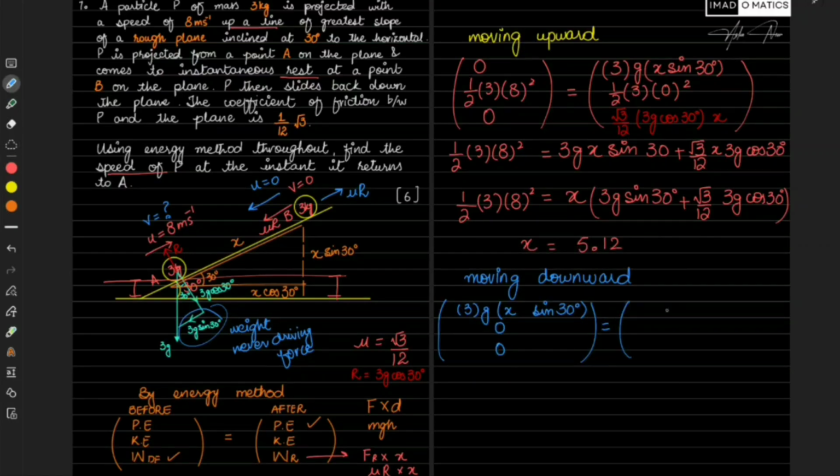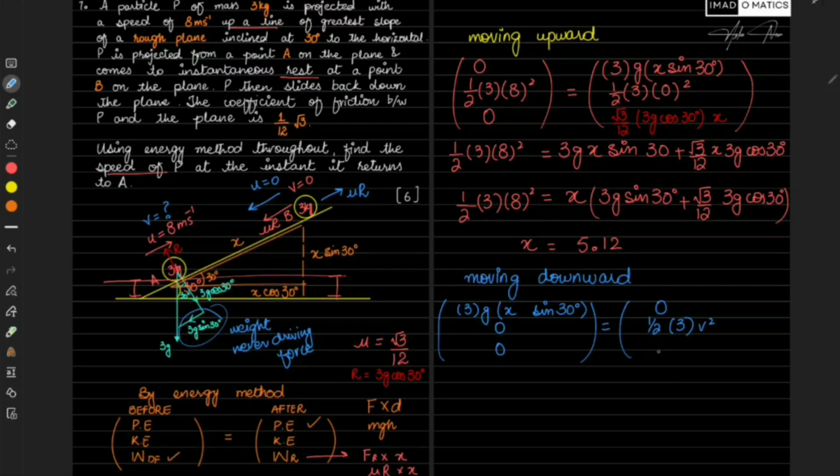And what is your after scenario? Later on, by the end of the journey, when it is at the bottom, your ball is here. Potential energy must be 0 because it is not at some height now. And kinetic energy would be half mv square. We don't know what the velocity is. Mass is 3, so 3 over 2 v square.